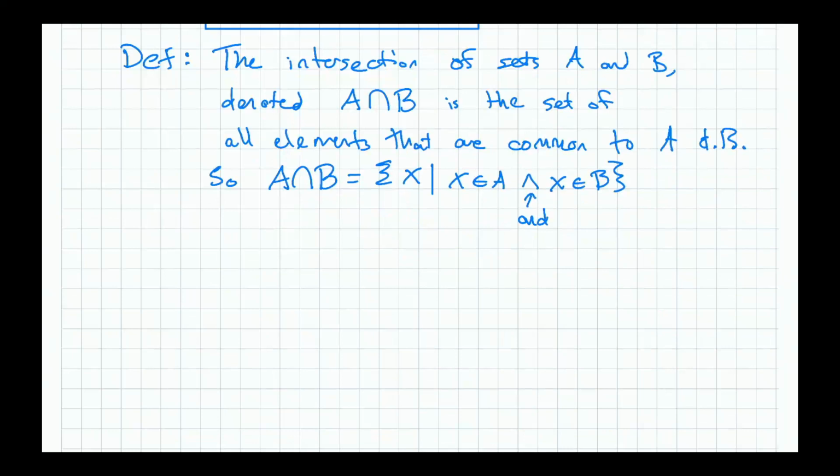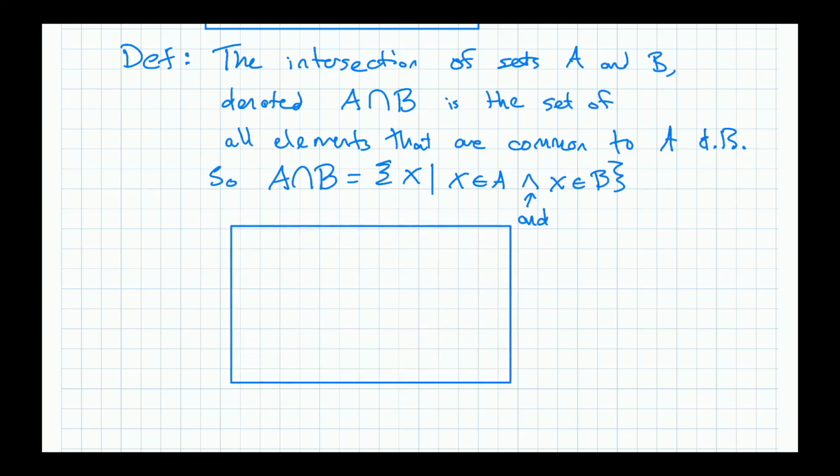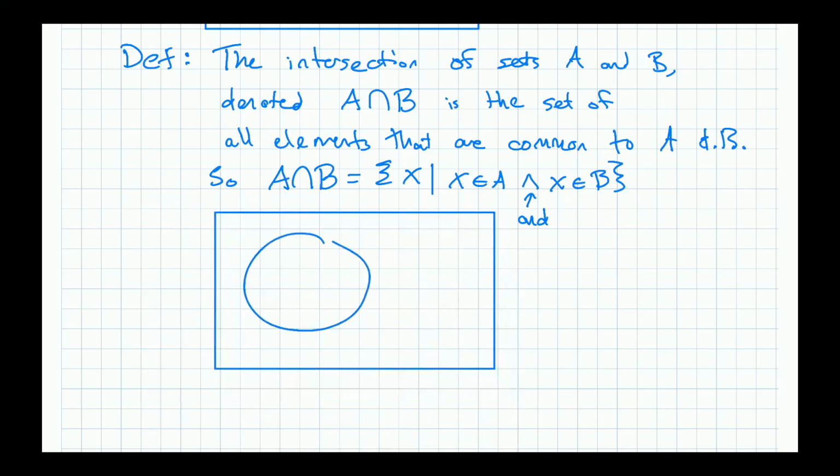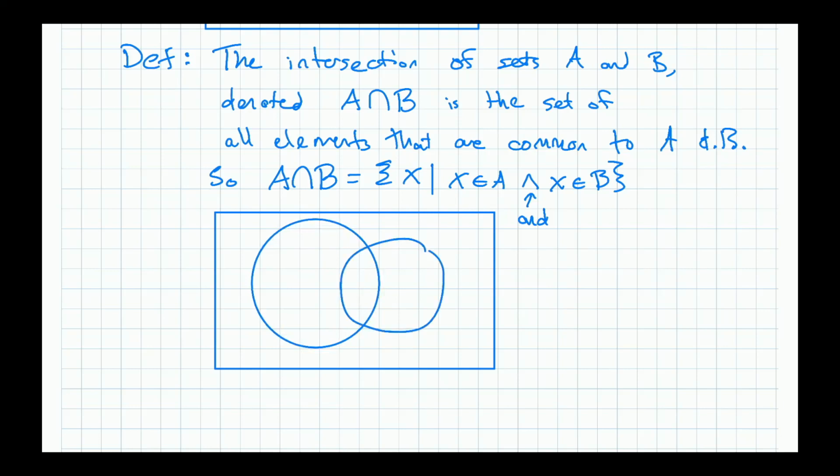So what does that look like on a Venn diagram? Got an A. Got a B. It doesn't have to be smaller.